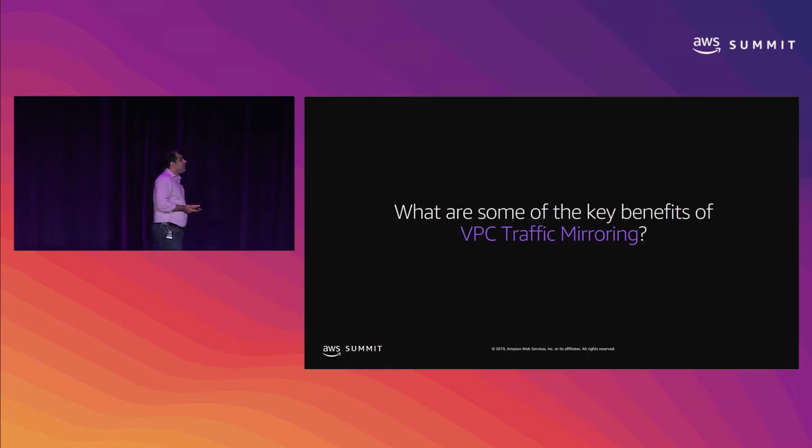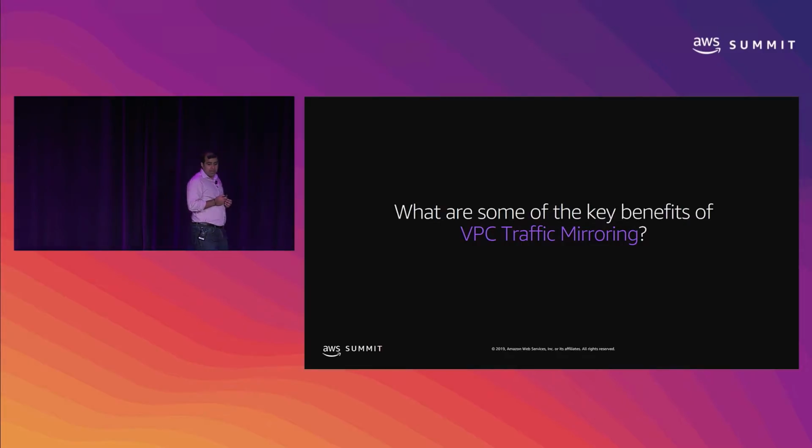So what are the key benefits of traffic mirroring? Obviously, our customers have been capturing traffic from EC2 instances. What they do today is run a third-party agent on the EC2 instance, which runs in user space, and this agent allows them to mirror or capture the packet as it goes in and out of a network interface.